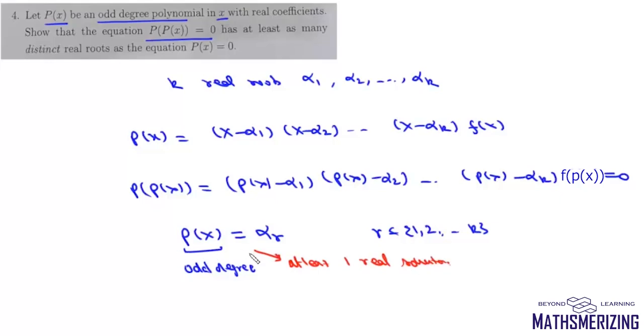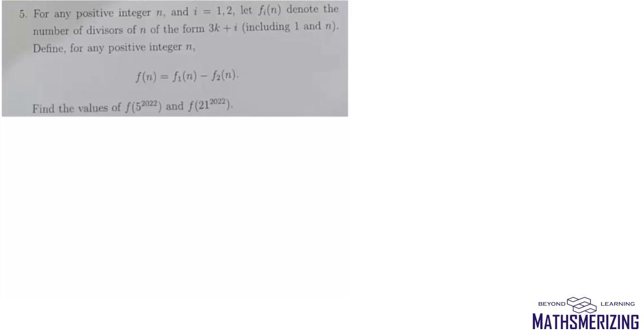Or we can simply take this function, so P(P(x)) will be equal to P(alpha r), and P(alpha r) is 0. So corresponding to every root of P(x), we'll get a root of P(P(x)). So this equation P(P(x)) will have at least as many distinct real roots as the equation P(x) equals 0.